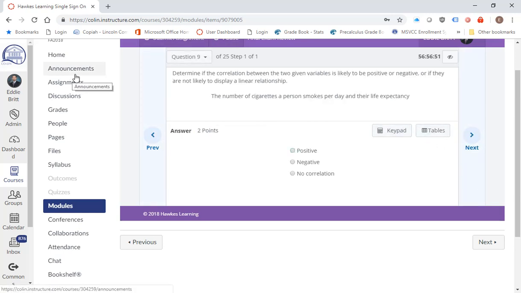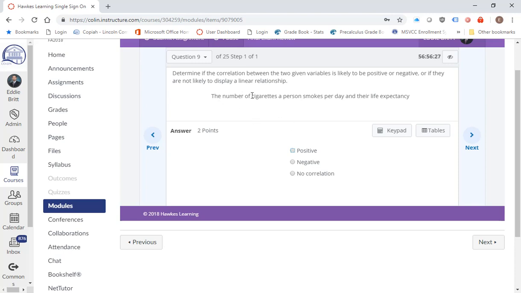All right, determine if the correlation between the two given variables is likely to be positive or negative, or if they are not likely to display a linear relationship. Remember, it's positive if as one thing increases, the other increases. It's negative if as one thing increases, the other decreases. And there's no correlation if they just don't have anything to do with each other.